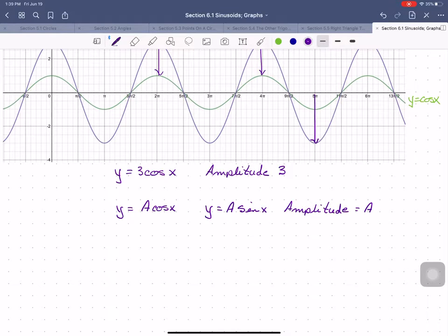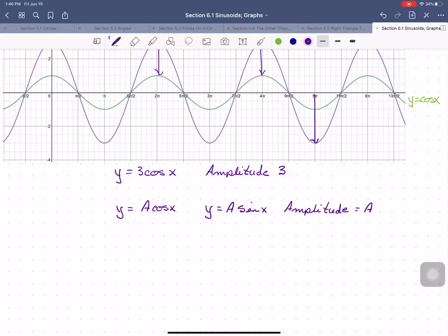Now you'll remember that was related to the radius of the circle. So if you're asked to, for example, sketch the y-coordinate of a point that is rotating around a circle of radius 3, you're going to be looking at the sine. And when I get done building all of these transformations, we are going to do an example here.